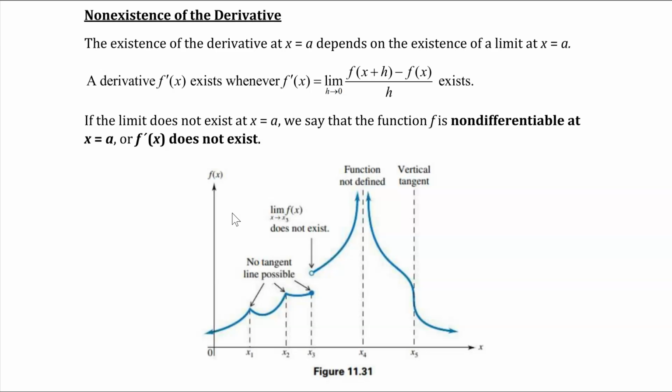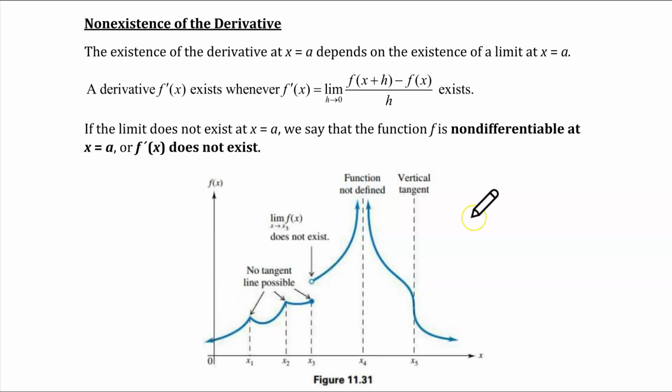And since the derivative uses a limit in its definition, that means that for the derivative of the function to exist at a particular value of x, the left-hand limit at that point has to be equal to the right-hand limit. Now your next question would be, when will the left-hand derivative not be equal to the right-hand derivative?